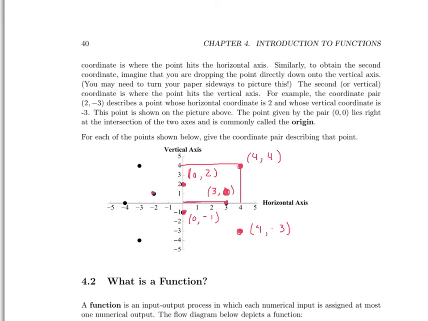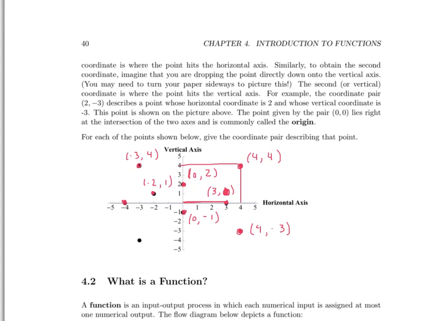Let's look at the next point. This point lies at the intersection of -2 on the horizontal axis and 1 on the vertical axis. This point lies at the intersection of -3 on the horizontal axis and 4 on the vertical axis.